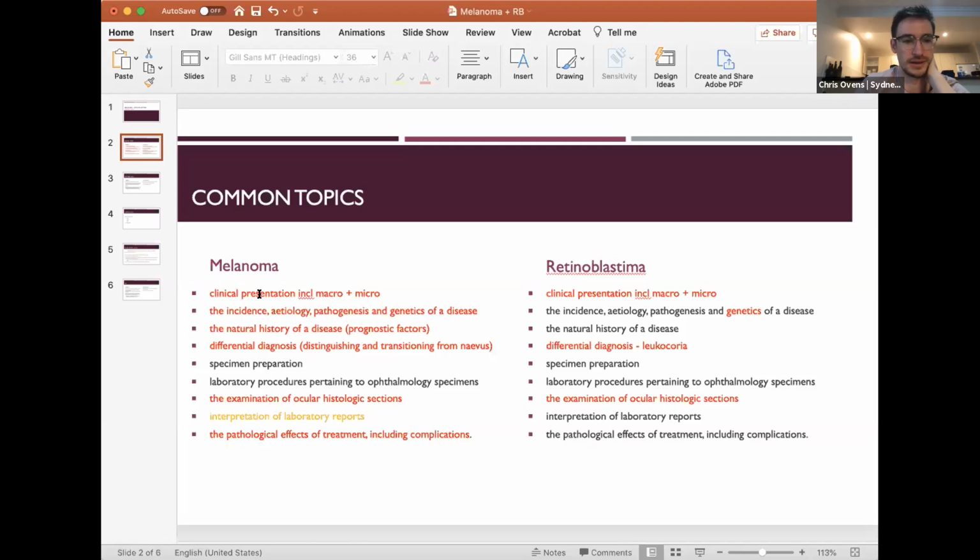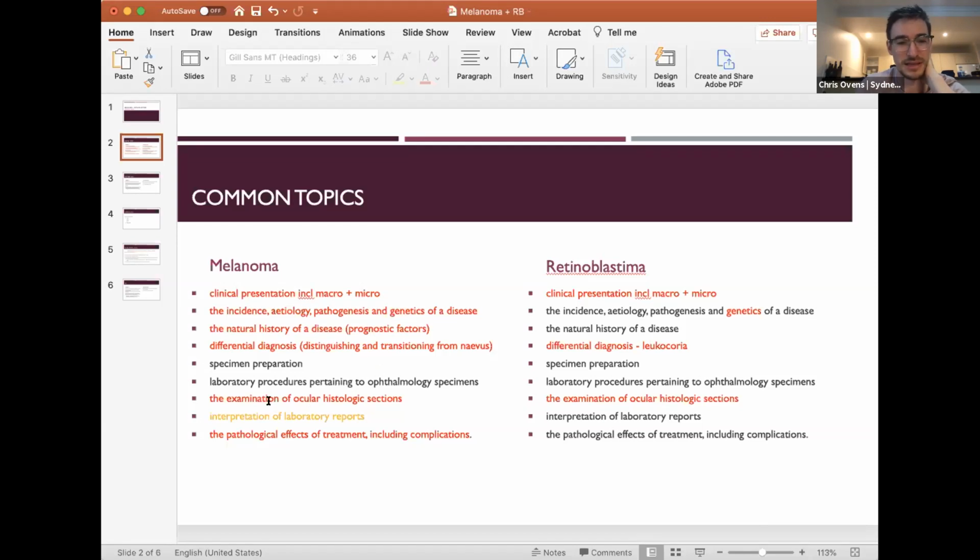They ask about the pathogenesis and clinical micro and macroscopic features. They ask a lot about prognostic factors. They ask a lot about distinguishing from nevi and the different features that would help you to do that. Less so specimen preparation and the lab procedures.